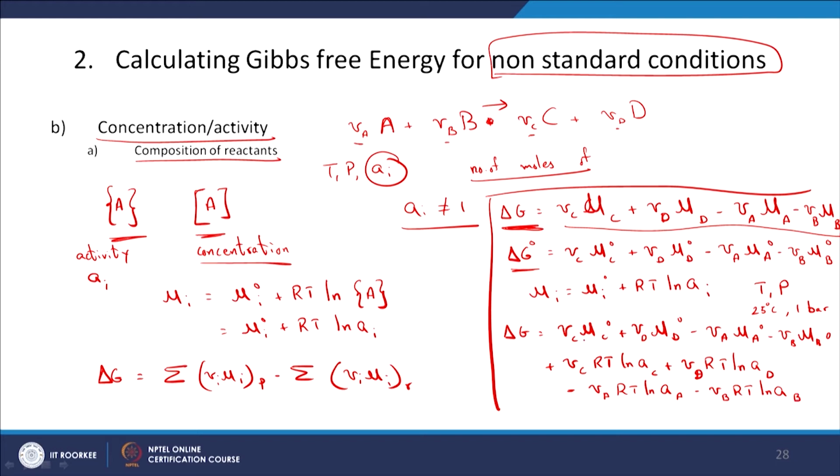And please note that the first set of terms is nothing but delta G naught.